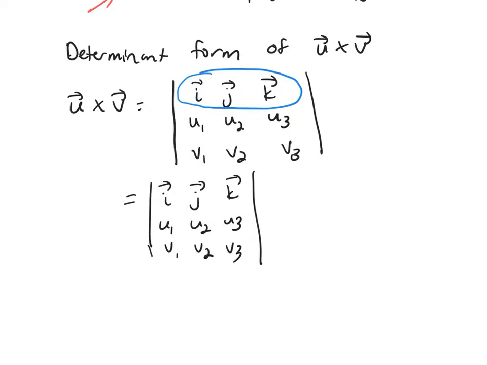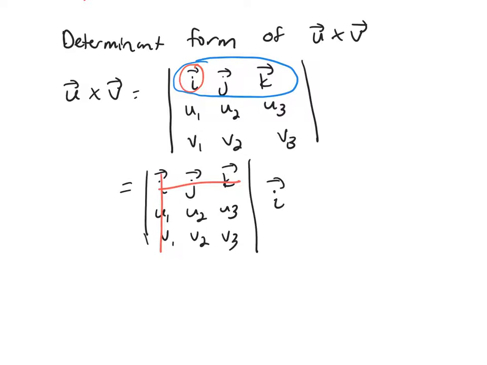The first one is this entry i. So you pull out this i, and then you delete the row and the column that had i in it. And you're going to do this for each entry.